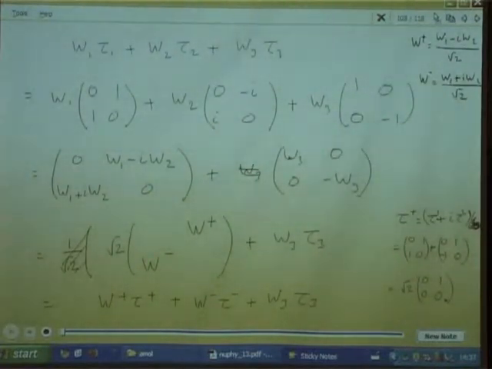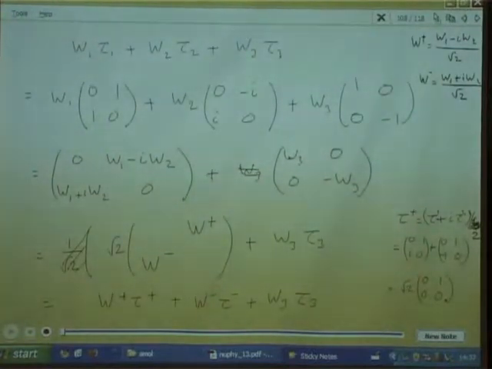Once I do that, the first term is written as root 2 times W plus and W minus. Now I gave you a definition of tau plus as tau 1 plus i tau 2 by root 2, which was not the standard definition. The standard definition is tau 1 plus i tau 2 by 2. So this should actually be 2. That is the normalization for Pauli.